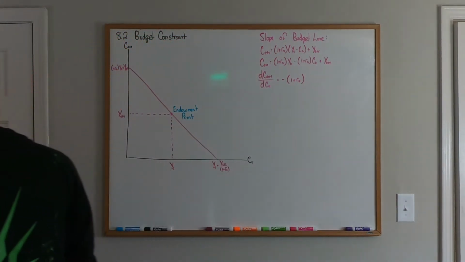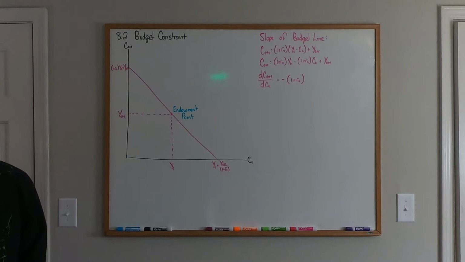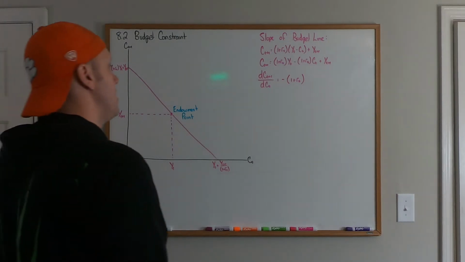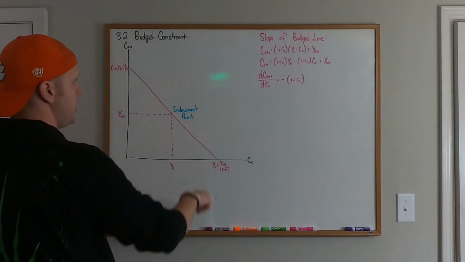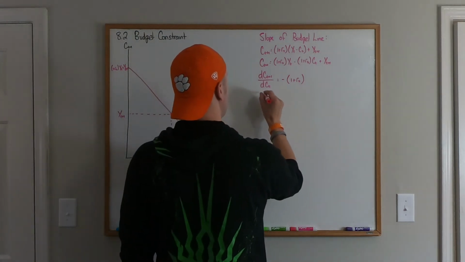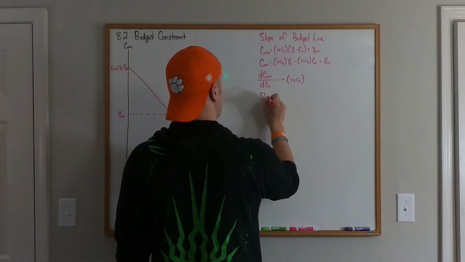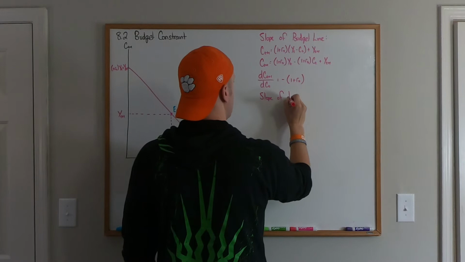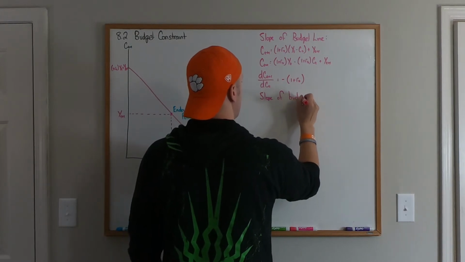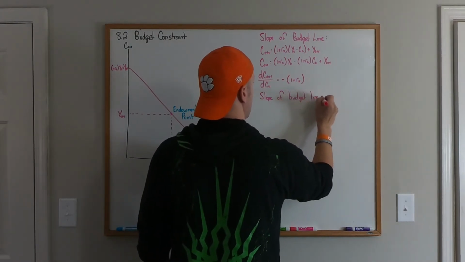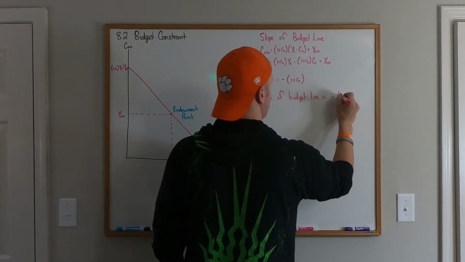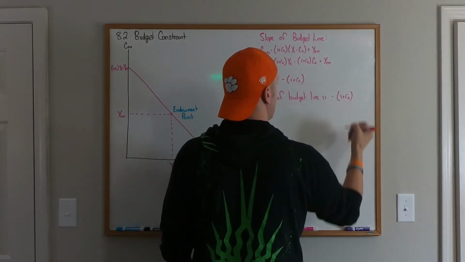There's nothing there. Which means the slope of this budget constraint is negative 1 plus the interest rate.